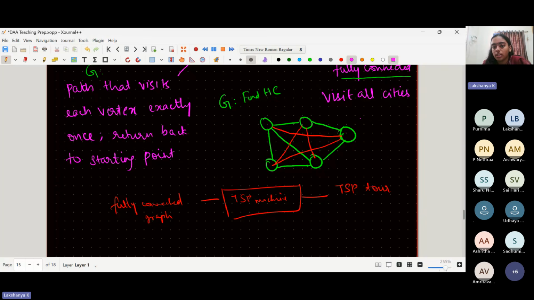Now, what we'll do is we are going to give weights to these edges. So, weight from U to V, weights to the edges. Weights from U to V are going to be 1 if it is a green edge, 0 if it is red.